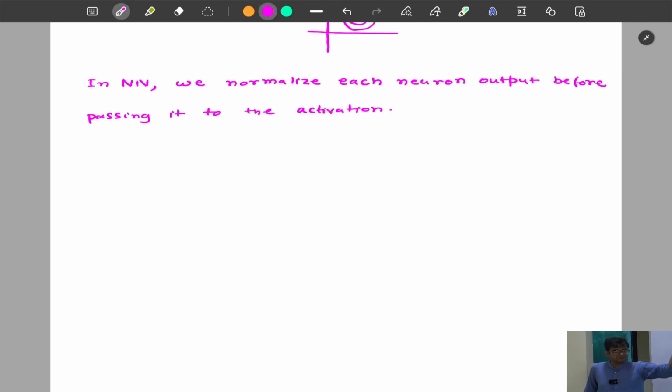So batch normalization is generally used after the pre-activation and before the activation, because your activation is already kind of well posed. So if you normalize the linear part, activation outputs will also be reasonably normalized. Why do you batch? Because you do it for each batch of data. How will you get the mu and sigma? I mean, you know the mu and sigma, let's say, of your whole data at the input layer.